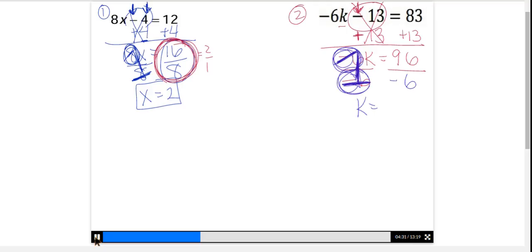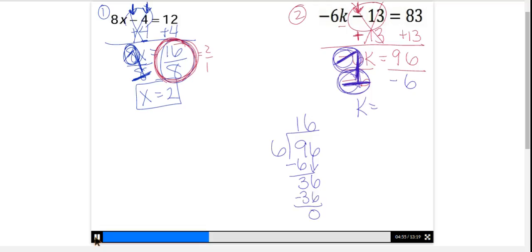So I'm doing 96 divided by negative 6. So I don't know what that is. So 96 is my top number. That goes in my house. 6 goes outside. 6 goes into 9 one time. 1 times 6 is 6. So I subtract. 9 minus 6 is 3. Bring down my next 6. 6 goes into 36 6 times. 6 times 6 is 36.